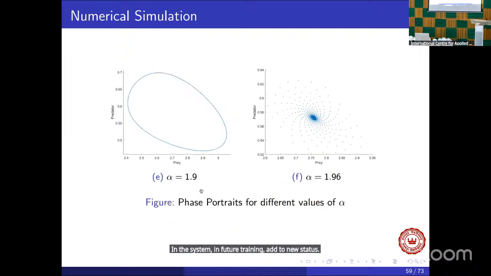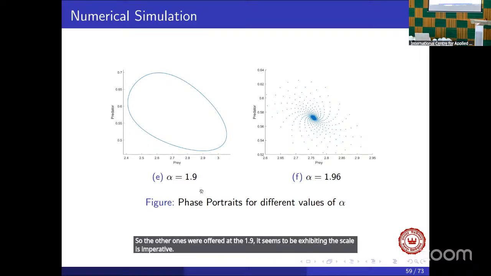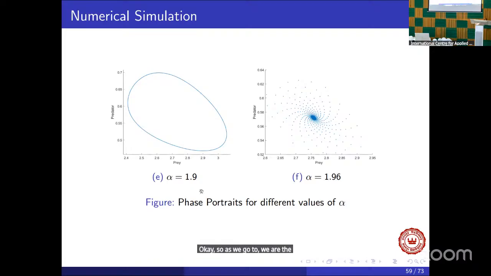So for alpha less than 1.9, the system seems to exhibit chaotic behavior. Because we are mathematicians, when we draw models, we try to find what will happen in future time, whether the system is stable or destroyed, and which key parameters are needed to keep the system stable, meaning both populations persist in future time.